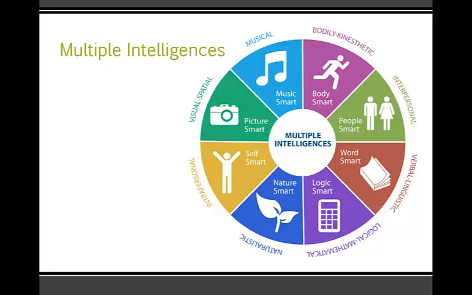I also want to point out that the graphic I'm including is missing naturalistic. Naturalistic was added later. There were originally 7 intelligences, and your book and the graphics that I'm presenting have 8. Sometimes you'll see a graphic that has 9, the 9th one being existential, but even Gardner himself doesn't consider this a full-blown intelligence, and sometimes you'll see him say there are 8.5 intelligences.